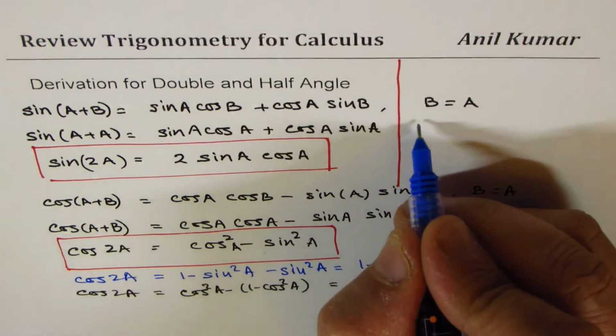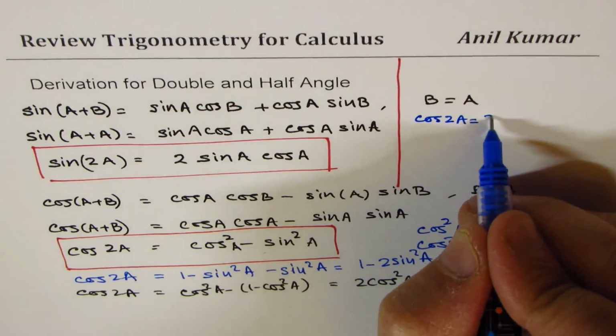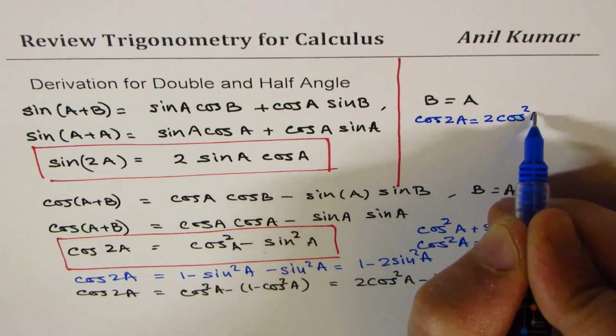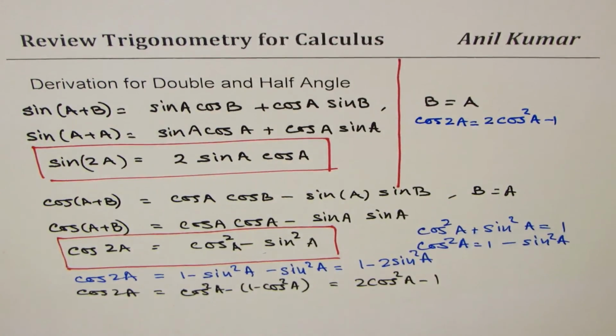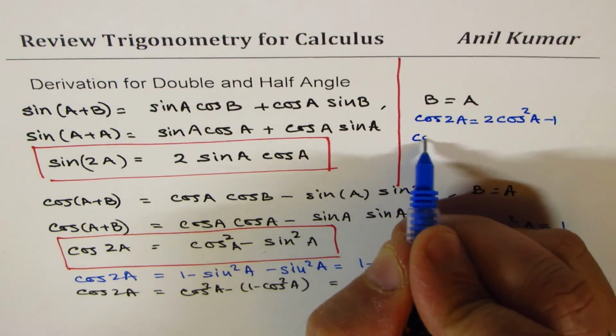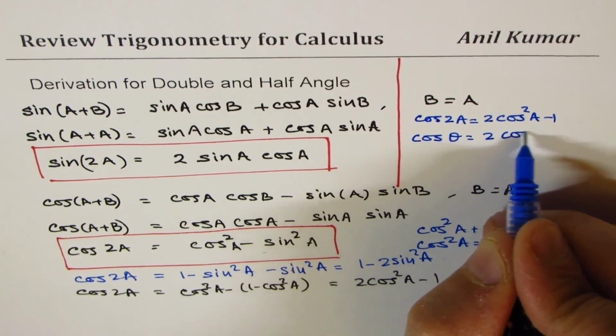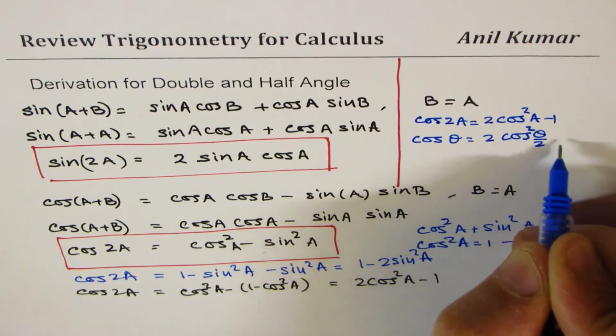So what we have here is cos 2A equals 2 cos square A minus 1. Now if I replace 2A with theta, so that is to say, if I write this as cos theta, I get 2 cos square theta by 2 minus 1.